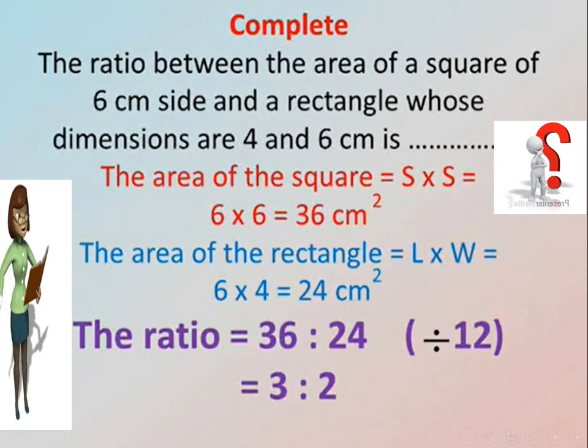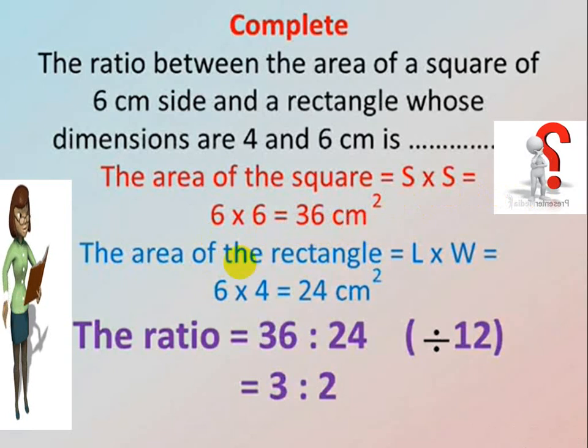The area of a square, can you remember the rule? Excellent. Side length times side length. Substitute now. 6 times 6 equals 36 centimeters square.